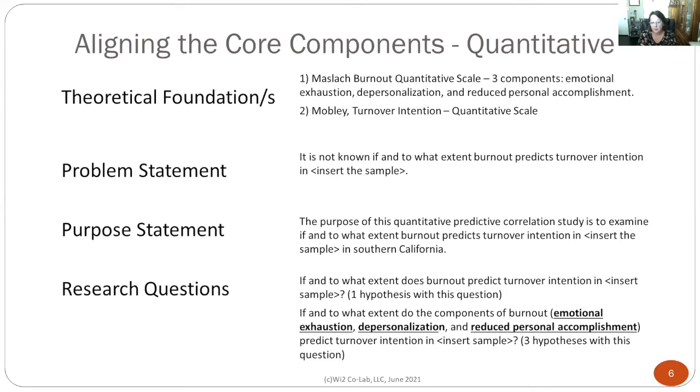So you see the problem statement and the purpose statement. The purpose of this quantitative predictive correlation study is to, and you're going to see a quantitative word, examine. So often when I'm looking at first residency or brand new learners to dissertation, I see the word explore there, or influence, or I guess explore is what I see most often.